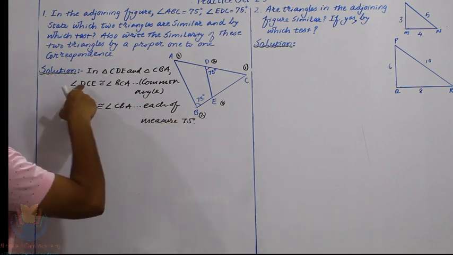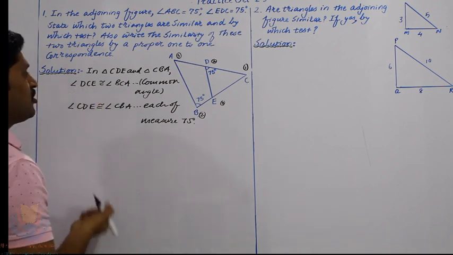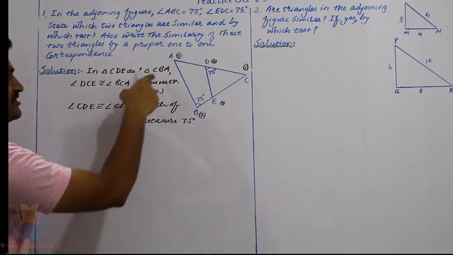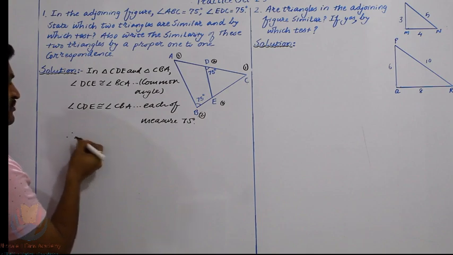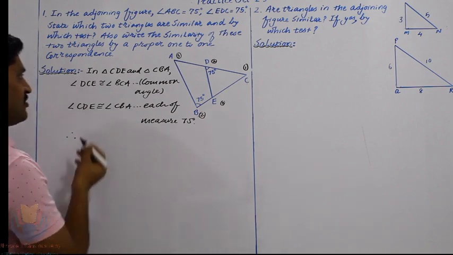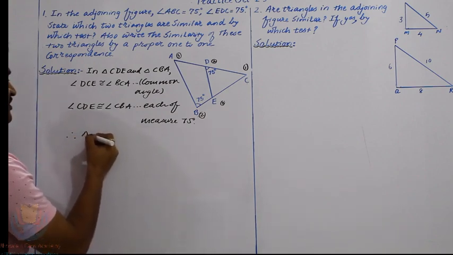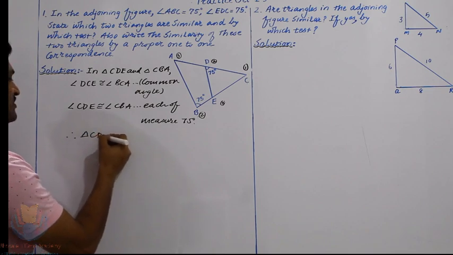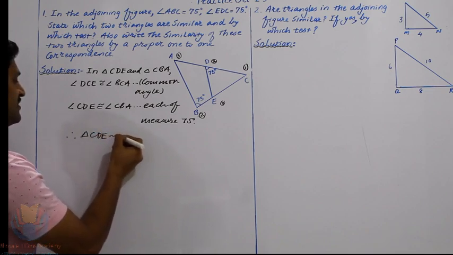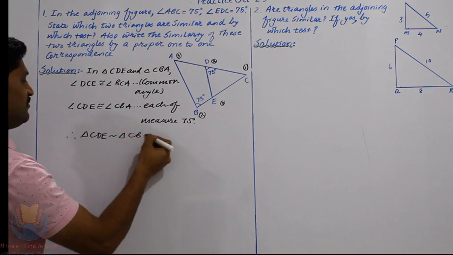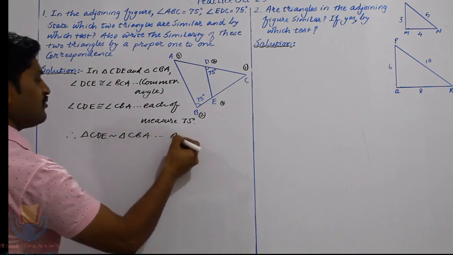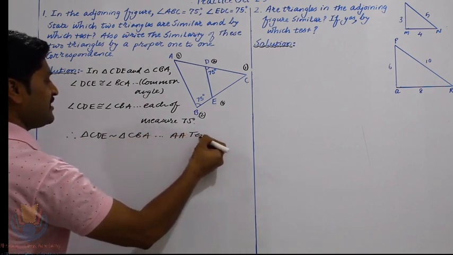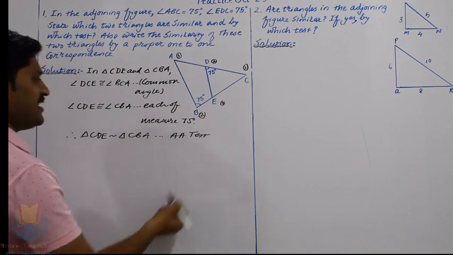So two angles of this first triangle are congruent to two corresponding angles of the second triangle. Therefore those two triangles became similar by a test of similarity. Therefore here we will write: triangle CDE is similar to triangle CBA, and the name of the test is AA test, or AA test of similarity we can write.